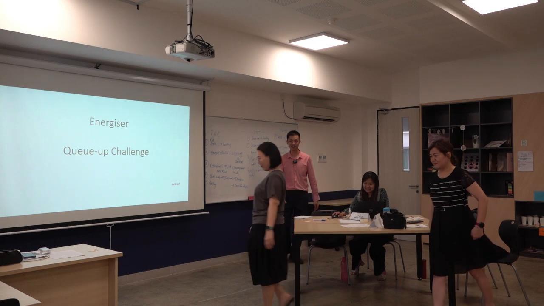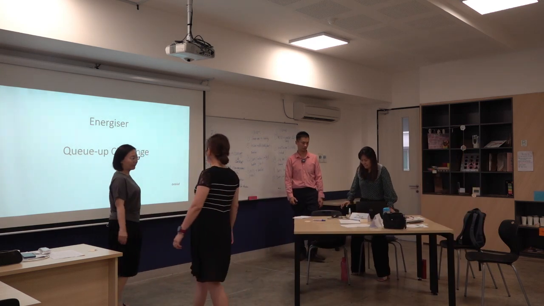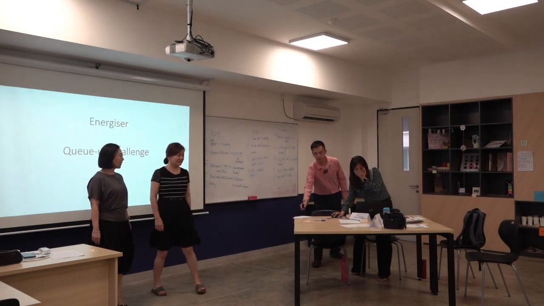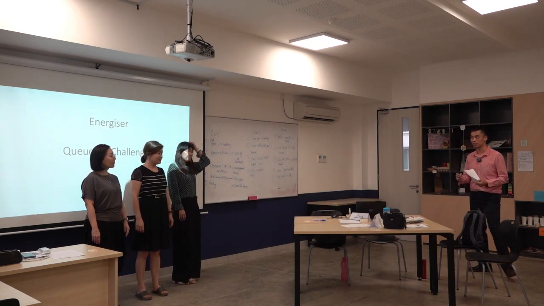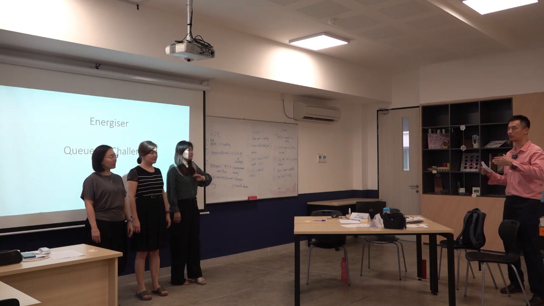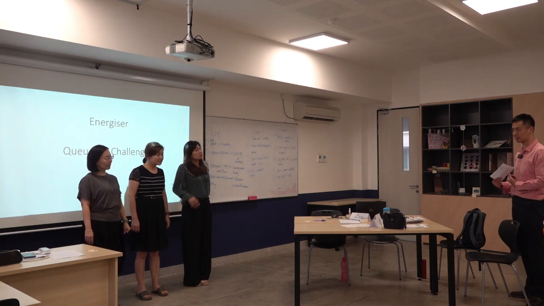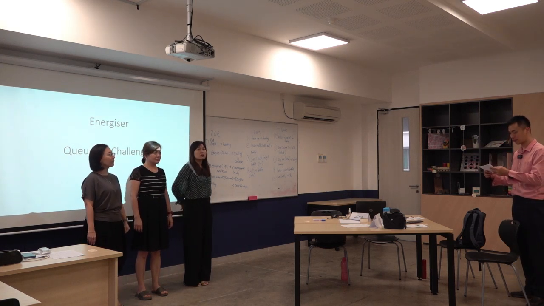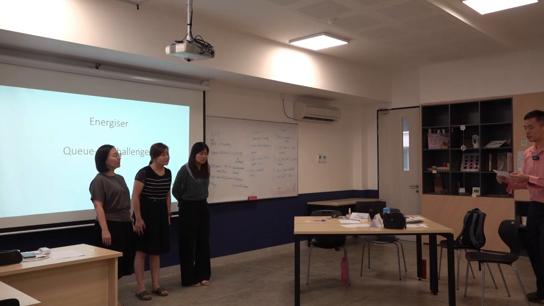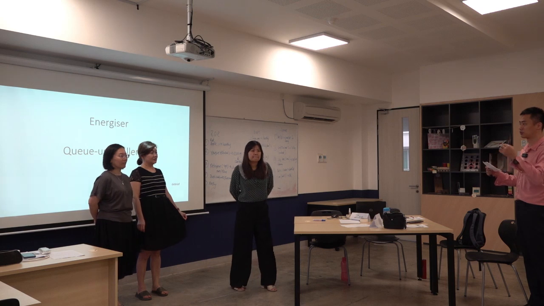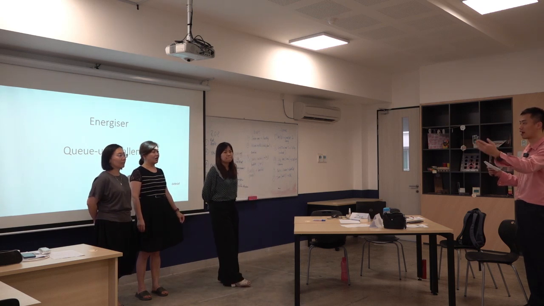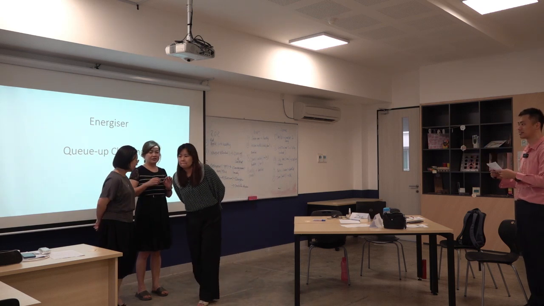Stay in front. I will give the instruction, then you need to queue up based on my instruction. Okay, number 1, you queue up by the distance of your house to campus, from the farthest to the nearest one.